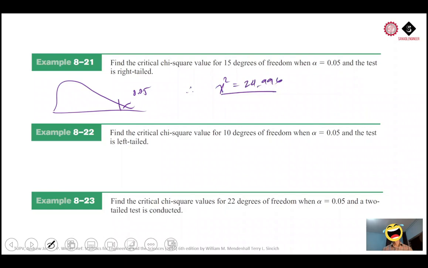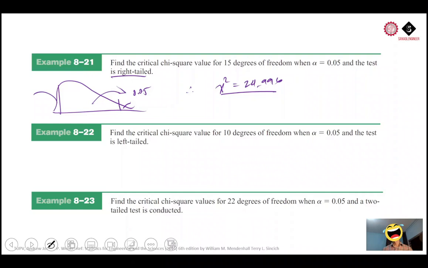You can also verify if the chi-squared is most likely to be correct because, of course, for right-tailed, your chi-squared value must be bigger because it is to the right. When you're looking for the value to the left, then it must not be around 24, 20, or 15.